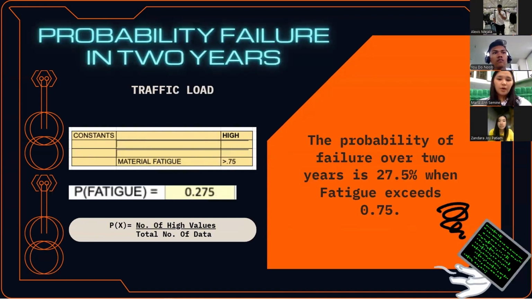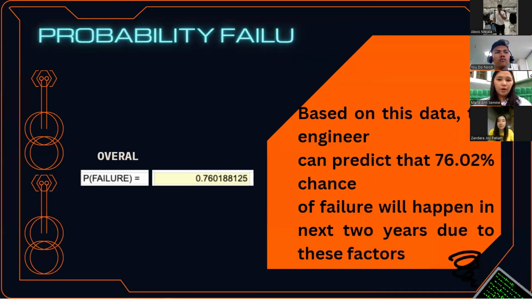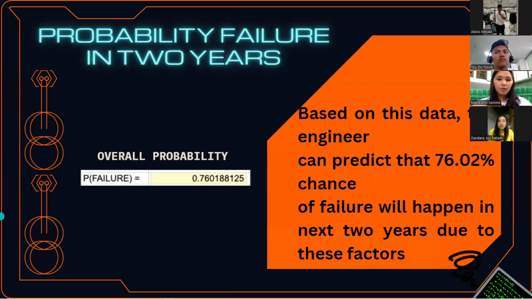Now, in the last factor, material fatigue has an overall probability of failure rate of 27.5%. Given that the failure probability rates of environmental conditions, traffic load, and material fatigue over the span of 2 years are 49.5%, 34.5%, and 27.5% respectively, using the formula for union of probabilities, the overall probability of failure is 76.2%.